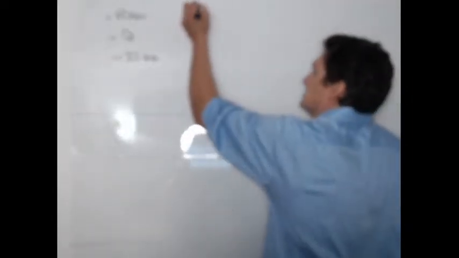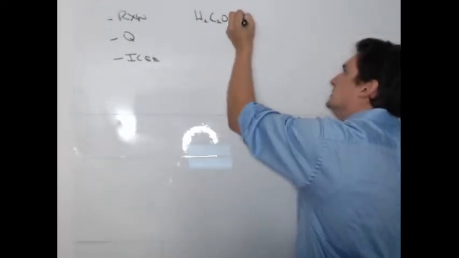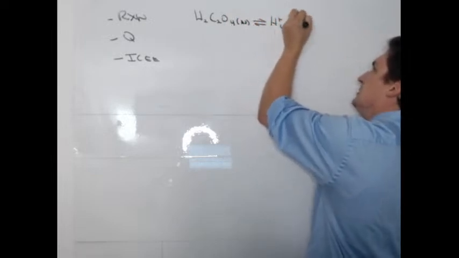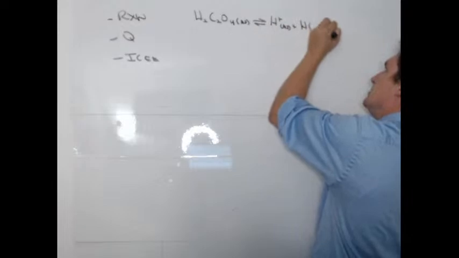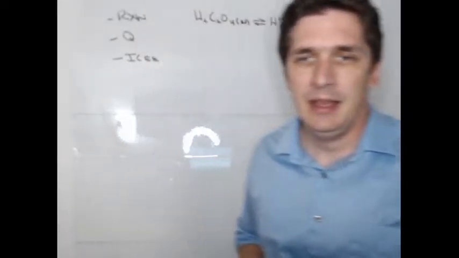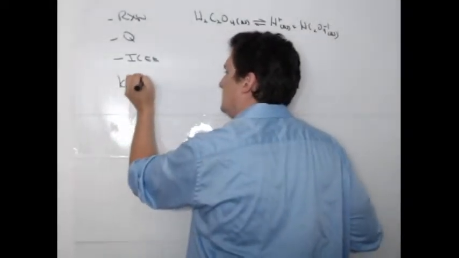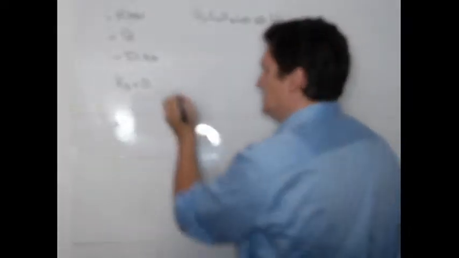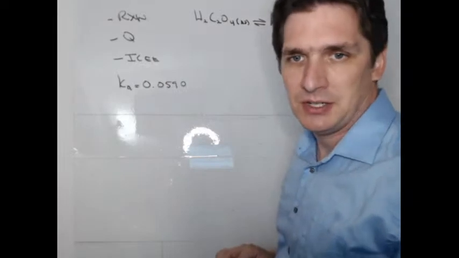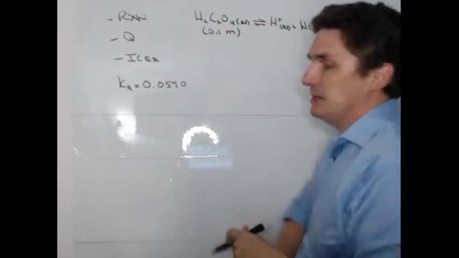So here it gives you this reaction, H2C2O4, looks like oxalic acid, goes back and forth to H+ (aq) plus HC2O4-1 (aq). And it gives you that the Ka here equals 0.0590, and you're given that the concentration of H2C2O4 is 0.1 molar, but you're not given any other information.